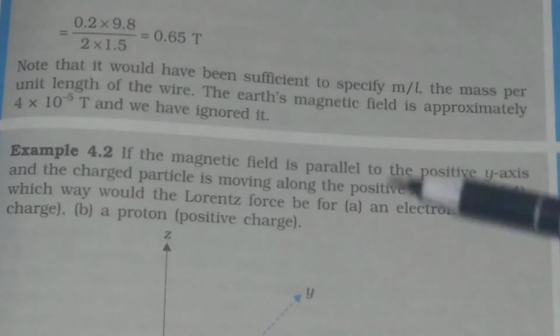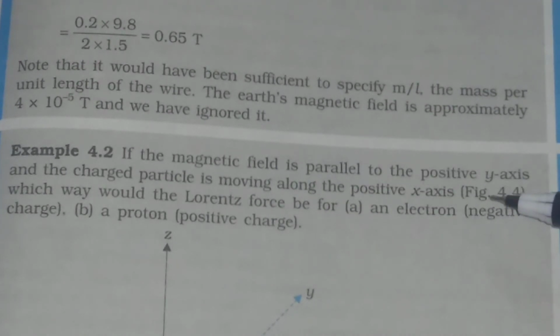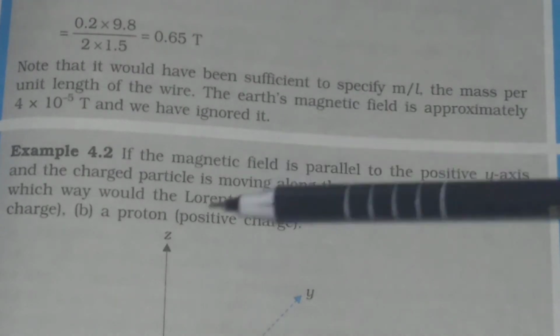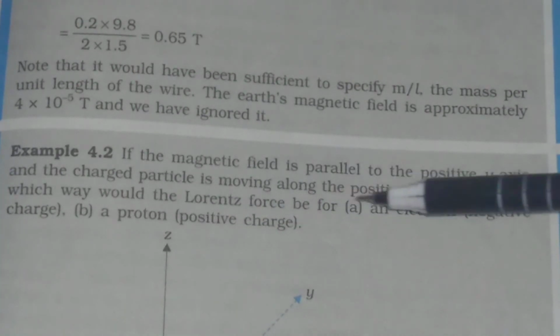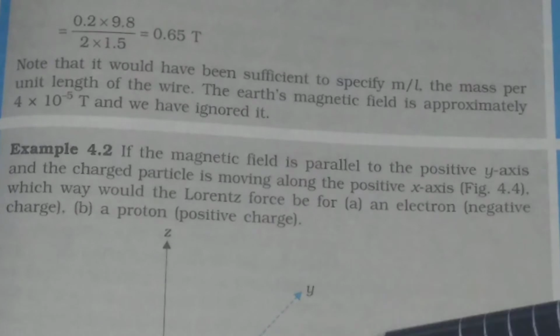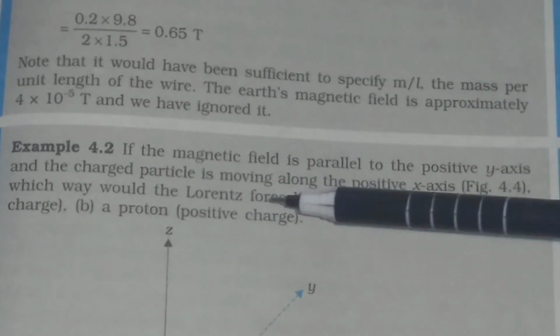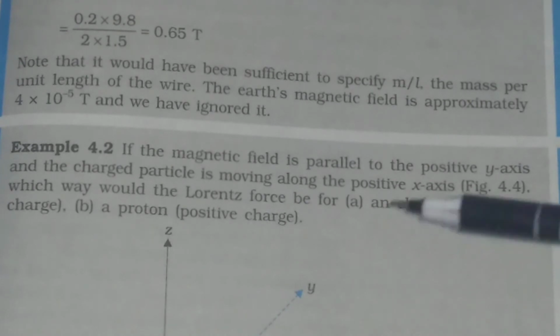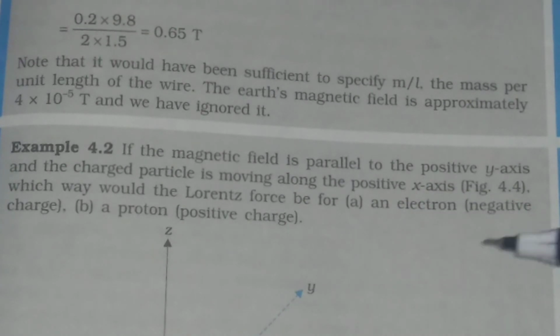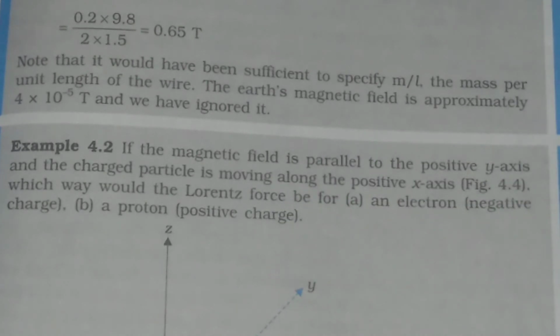Let us work out another problem. If the magnetic field is parallel to the positive y-axis and the charged particle is moving along the positive x-axis as shown in this figure, which way would the Lorentz force be for an electron, which is a negative charge, and for a proton, which is a positive charge?